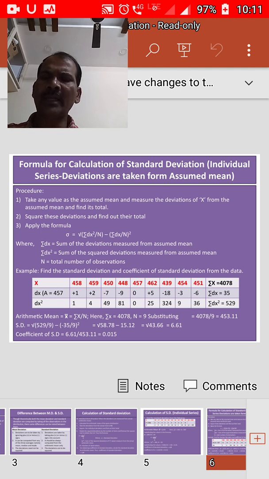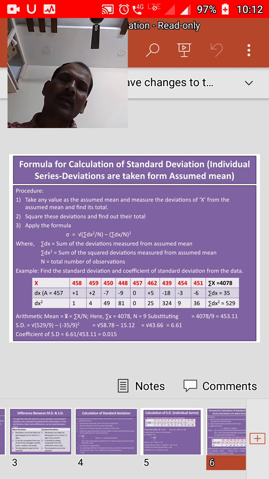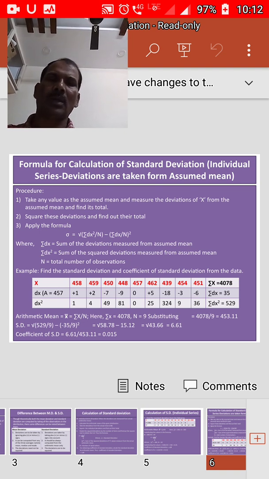Now these deviations are squared: plus 1 whole square is 1, plus 2 whole square is 4, minus 7 whole square is 49, minus 9 whole square is 81, 0 whole square is 0, plus 5 whole square is 25, minus 18 whole square is 324, minus 3 whole square is 9, minus 6 whole square is 36. Now you have dx as well as dx square, that means sigma dx and sigma dx square, the two terms we need in the problem, right?